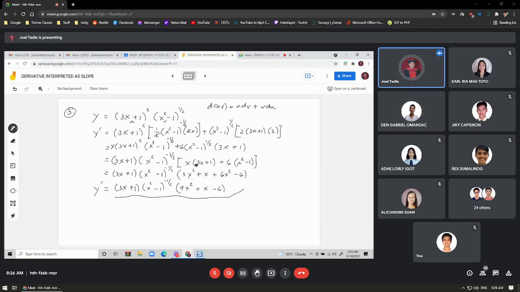So, napatay quantity 3x plus 1. Niya, ang x, copy. Niya, sa second term, atong i-factor out ang quantity 3x plus 1 o ang quantity x squared minus 1 raised to the power negative 1 half. Ang mahabilin nga expression is 6 o ang quantity x squared minus 1. Okay, power 1 man siya. So, kung 1 minus 1 half, ang result is 1 half. Okay, so no problem for this statement.